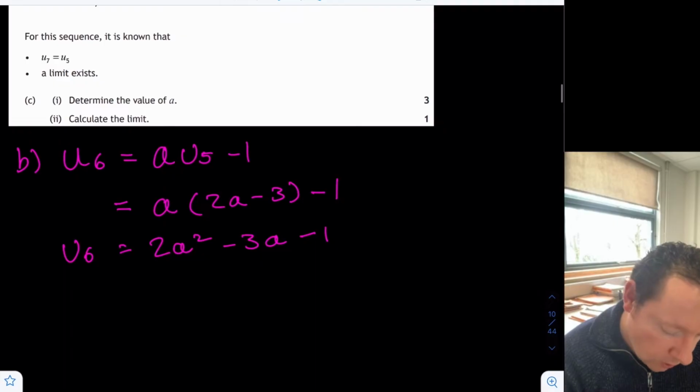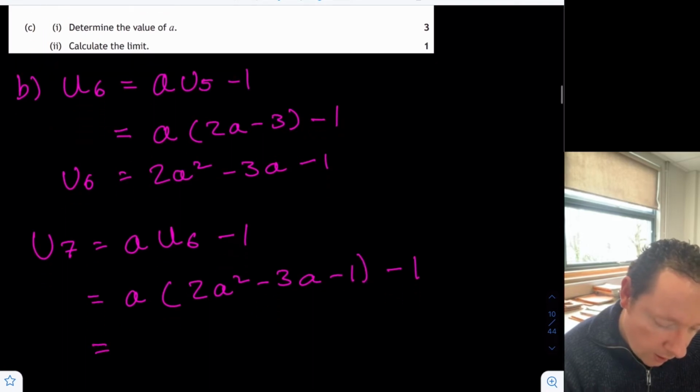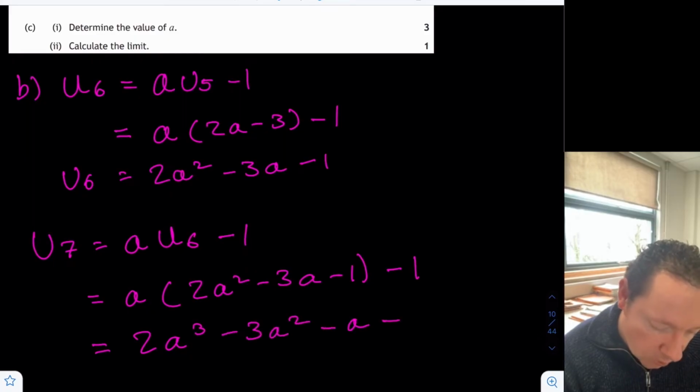And now we need to do u7. Well, u7 is going to be a times u6 minus 1. So that is a times 2a squared minus 3a minus 1, take away 1. Multiplying the brackets out, we get 2a cubed minus 3a squared minus a minus 1.